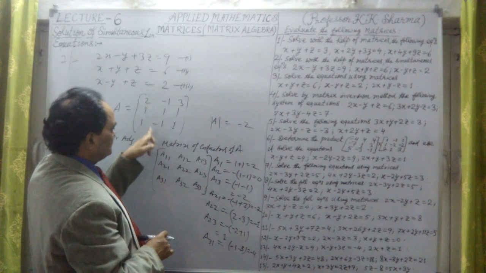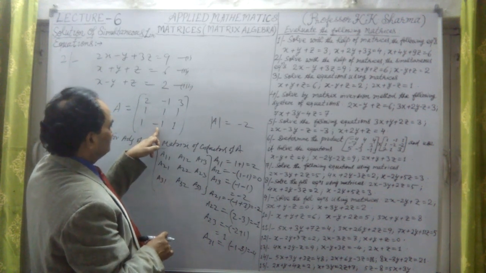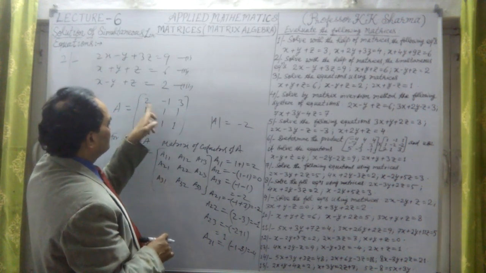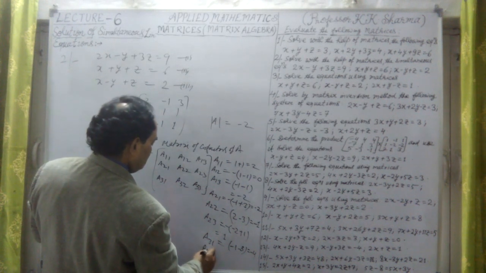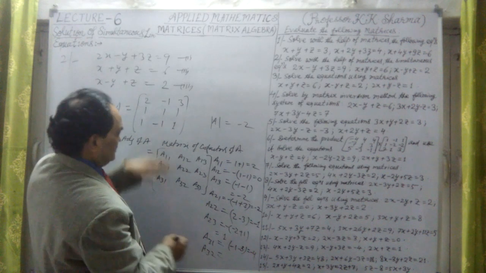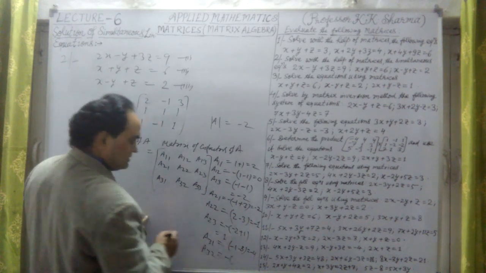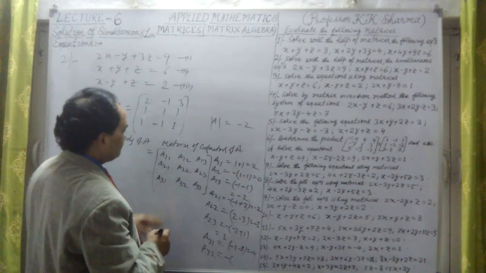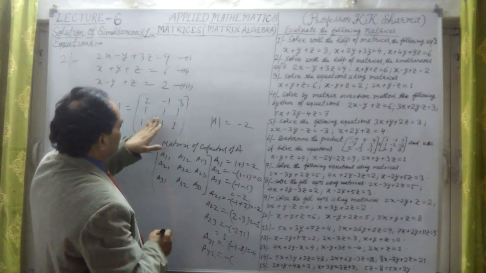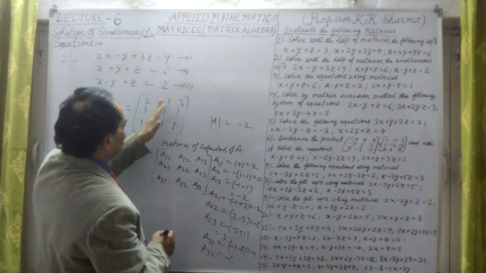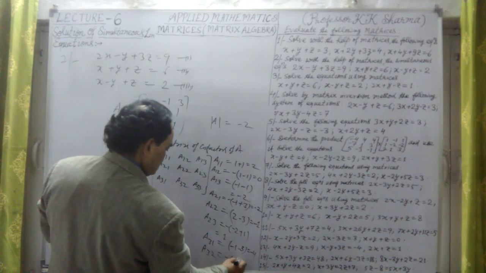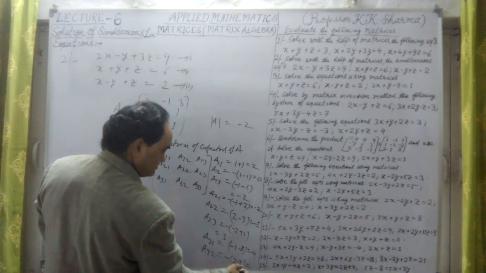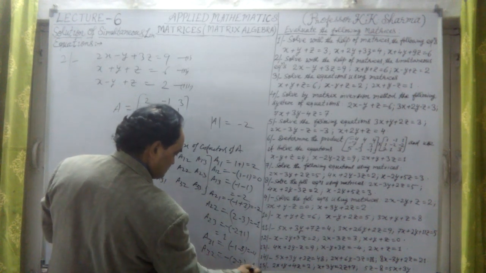Minus 1 for this is A32. This and this cancel, it is 2 minus 3. A32 has a negative sign, the minus sign for the bracket. Now for this 1, this cancels out, this cancels out, it is 2 minus 3, which is minus 1 in the bracket, so it is plus 1.